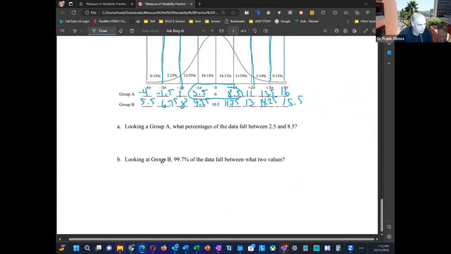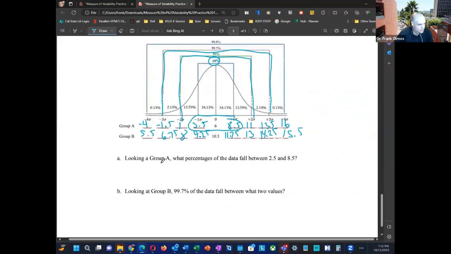All right, and then you could just answer the questions. I'm just going to answer one because we're running out of time. Looking at group A, what percentage of data falls between 2.5 and 8.5? Where's 2.5?